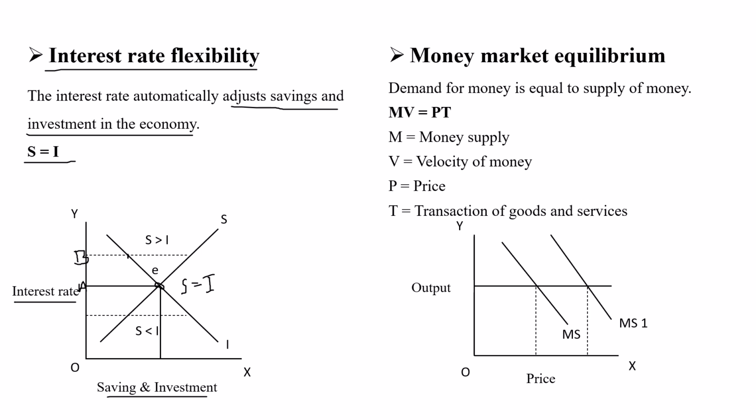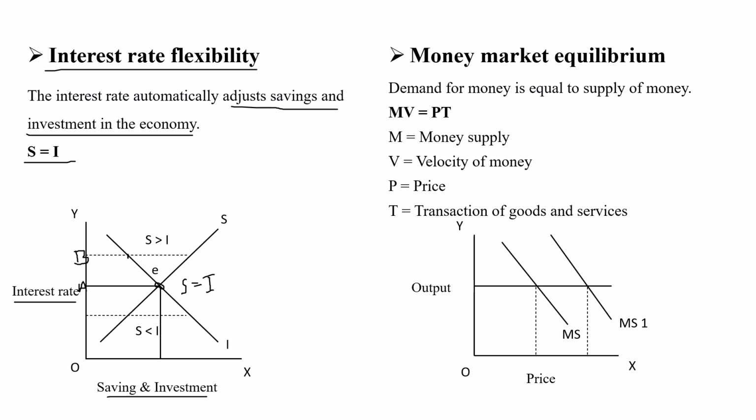Instead of a loan, they will save the money and put it in the bank. So there is a positive relationship between interest rate and saving. When the interest rate is higher, saving also increases.